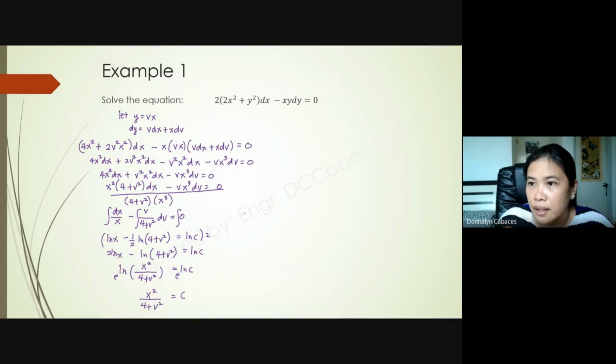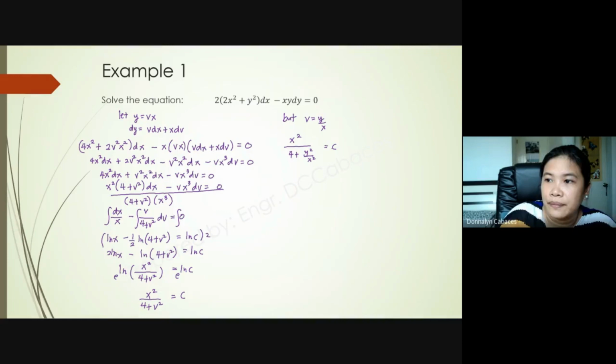But this is not yet our solution because we have here v, and initially our variables are x and y. So we need to replace v by the original variables x and y. So from this, when we let y equals vx, then v is equal to y over x. So we substitute it here. So x squared over 4 plus y squared over x squared is equal to c.